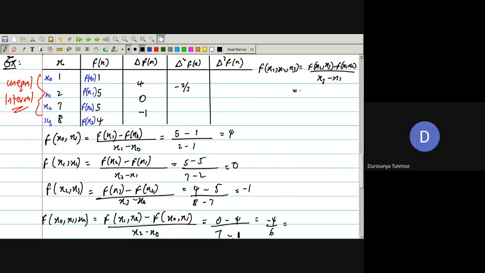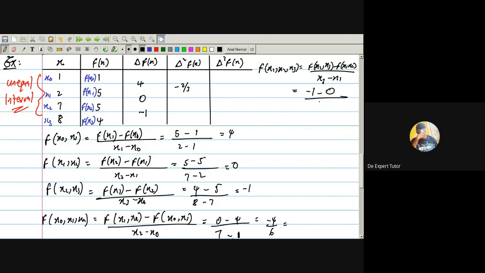So f of x1, x3, we've not done that before, so I'm going to keep it down. So what's f of x2, x3? That's minus 1. Minus f of x1, x2, which is 0. Yes. All over x3 minus x1.